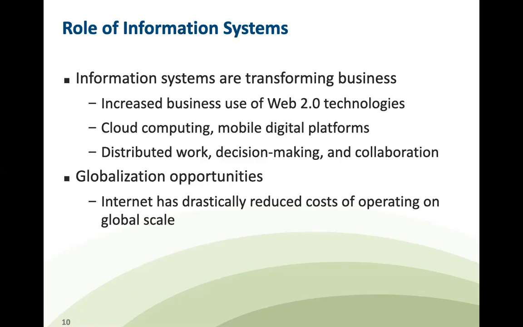Distributed work, decision making, and collaboration. Not only in the academic field, but in other fields also, right? People are working remotely. They are not doing individual work, they are working as a team.